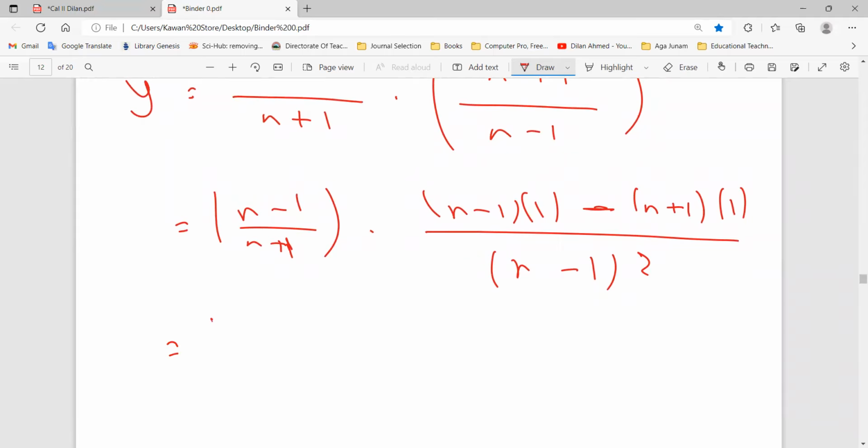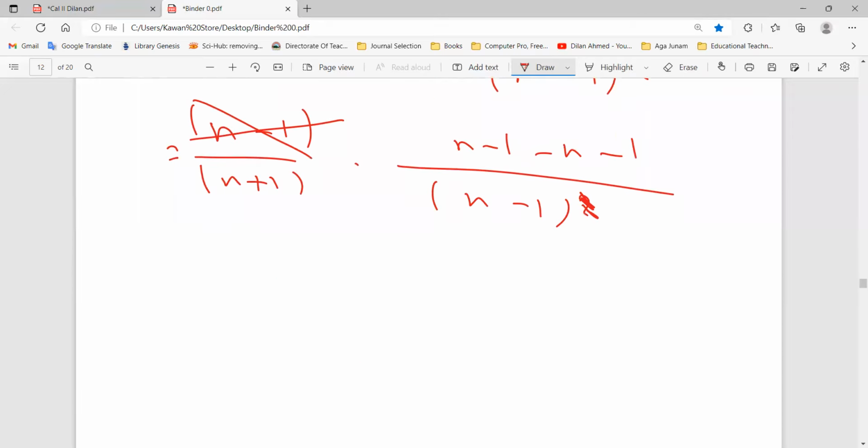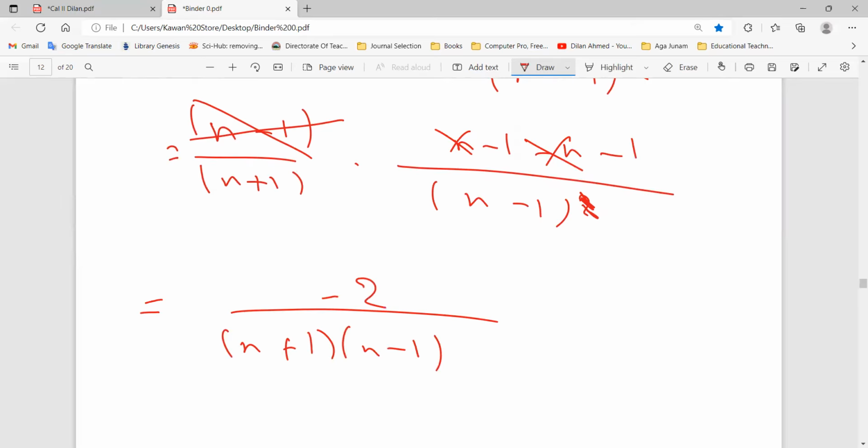In that one, n minus 1, n plus 1, n minus 1 square, n minus 1 minus n minus 1. Am I right? Okay, now it's time to cancel that power with that one. Am I right? Minus n with a plus n. So it remains n minus 1, n plus 1, minus 2. Am I right? Any question?